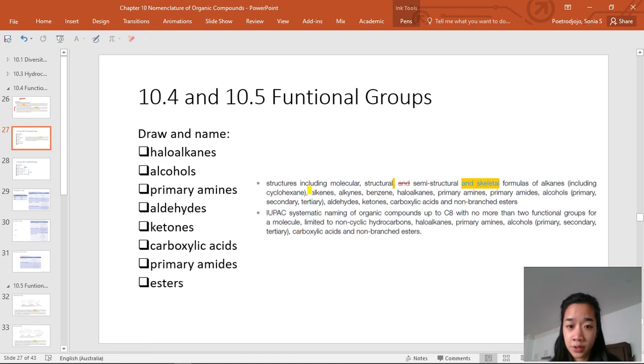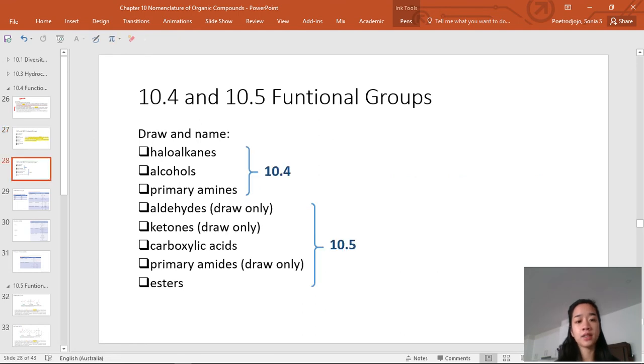This is about drawing, so you need to draw all of these. In terms of naming, you need to name these. You'll see that there is a difference between drawing and naming. The study design is asking you to only draw aldehydes, ketones, and primary amides, where everything else you have to be able to draw and name.